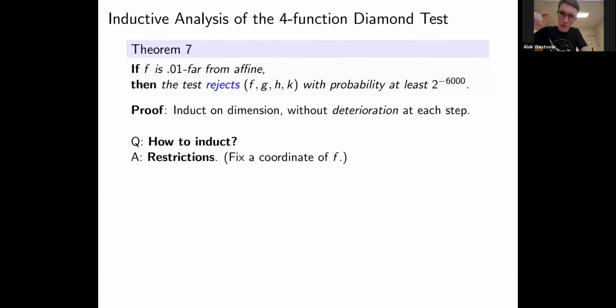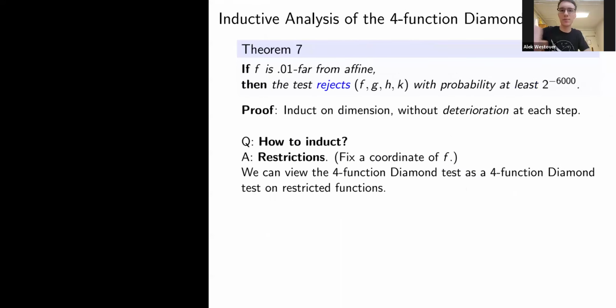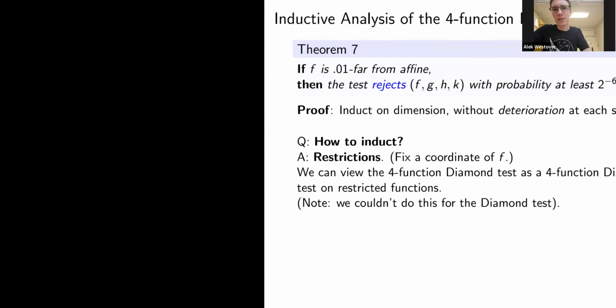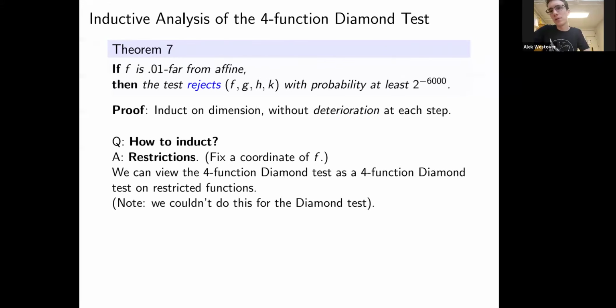The way we do this induction is we fix a certain coordinate randomly for A, X, and B, and then we can think of the four-function diamond test as first fixing that coordinate and then running a lower dimensional diamond test. That's, of course, why we chose the four-function diamond test, and why we couldn't just use the regular diamond test.